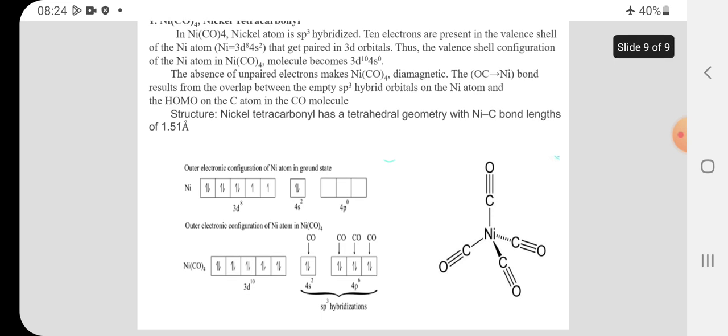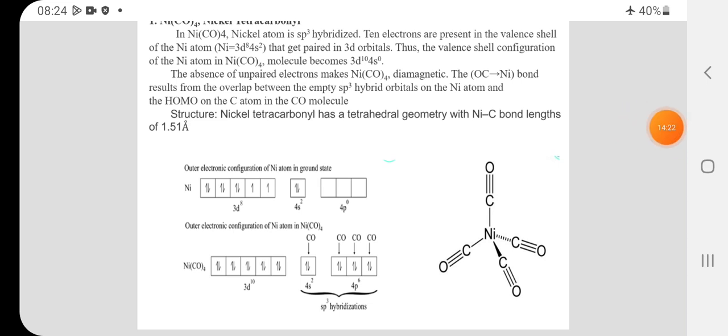Thus, the valence configuration of the nickel atom in the nickel tetracarbonyl molecule becomes 3d10 4s0. Therefore, the s electrons move to the d orbital to form a completely filled configuration. The nickel tetracarbonyl is a stable complex. Due to the absence of unpaired electrons, the complex shows diamagnetic behavior.